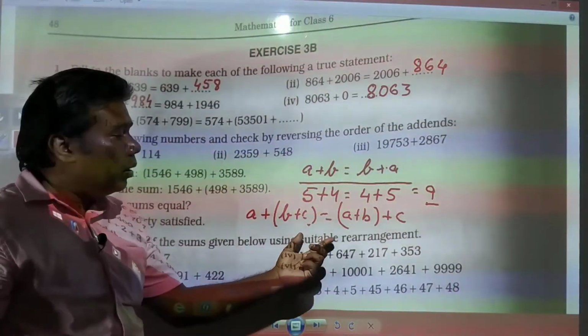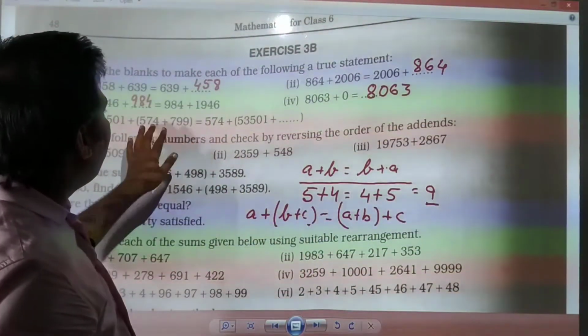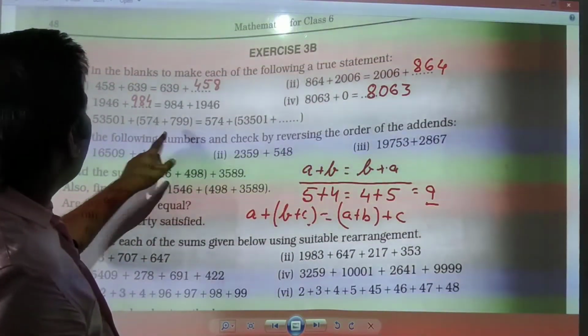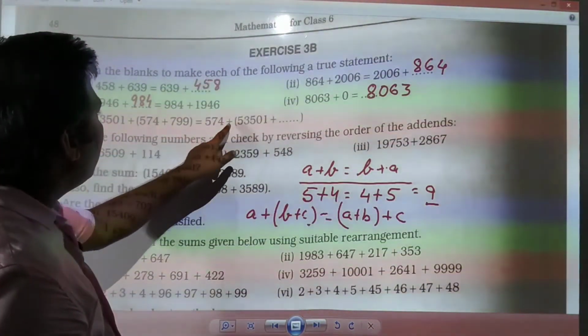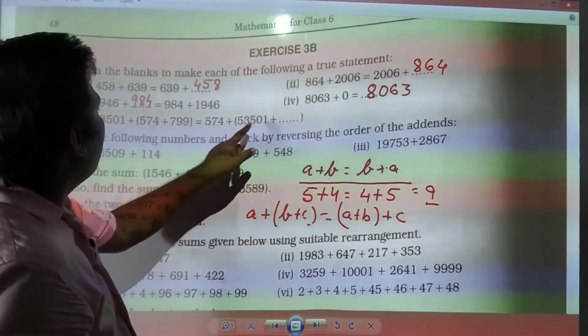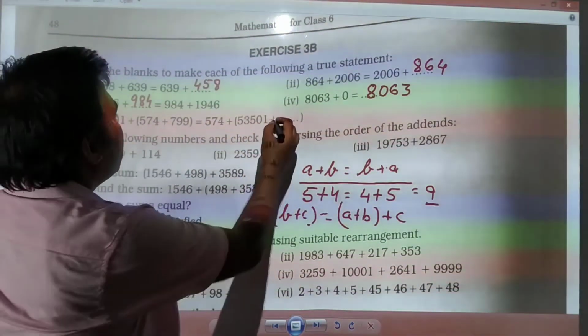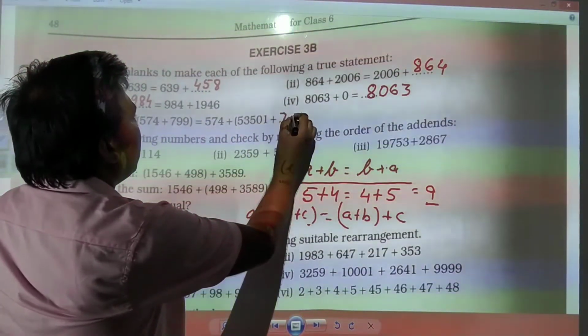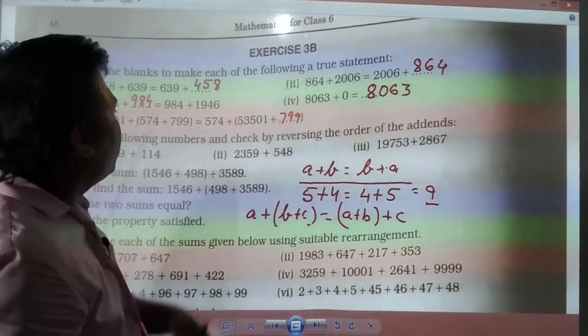This rule was given. If you remember, the same thing has been applied over here. So your answer will be 574 plus 53,501 plus 799. This can be written.